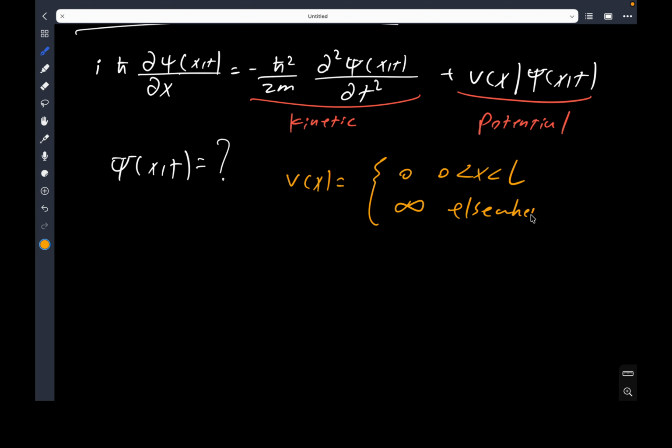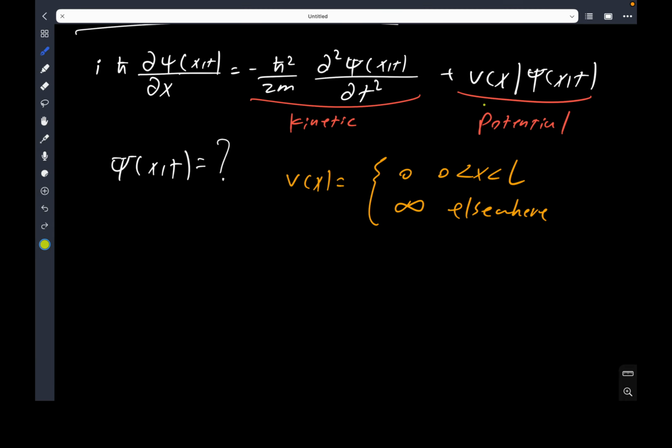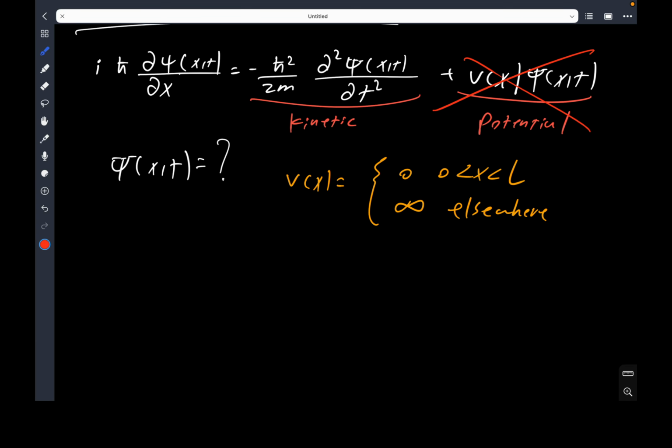So we can imagine a situation where our particle is bound in a box, in a well, and its potential energy is 0 there. So we can suppress this part here. We're not gonna be worrying about this part.